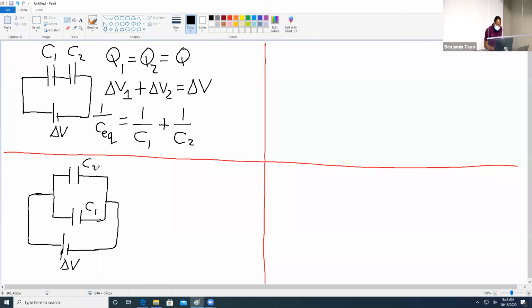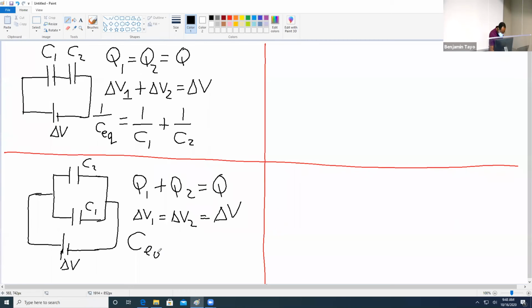When two capacitors are connected in parallel, then Q1 plus Q2 must be equal to Q total. And in this case, my delta V1 is equal to my delta V2, which is equal to my delta V. So voltage is the same. And then you calculate C equivalent as C1 plus C2.